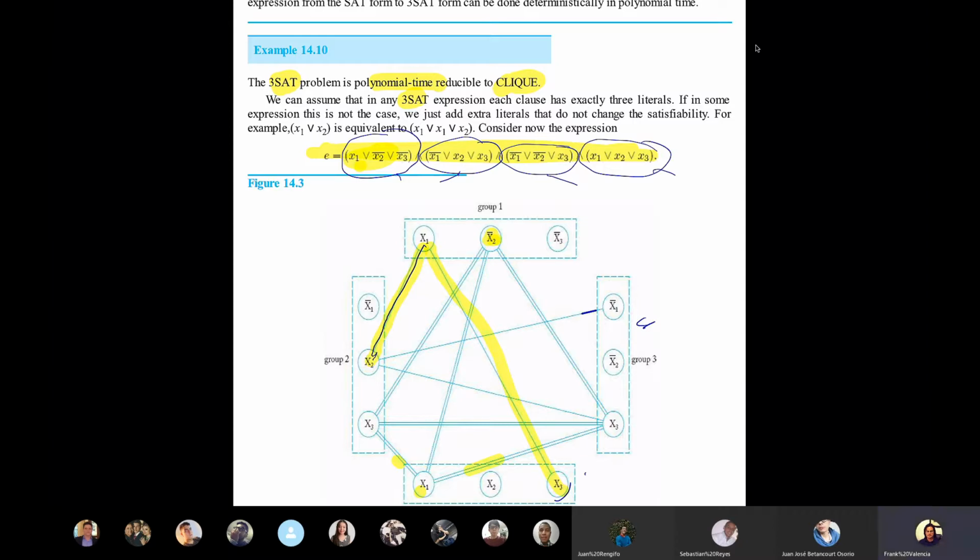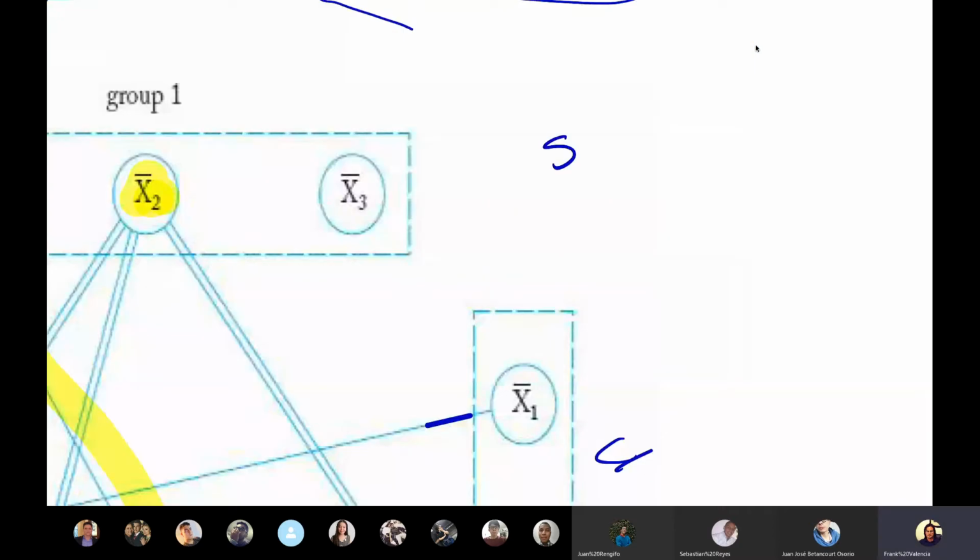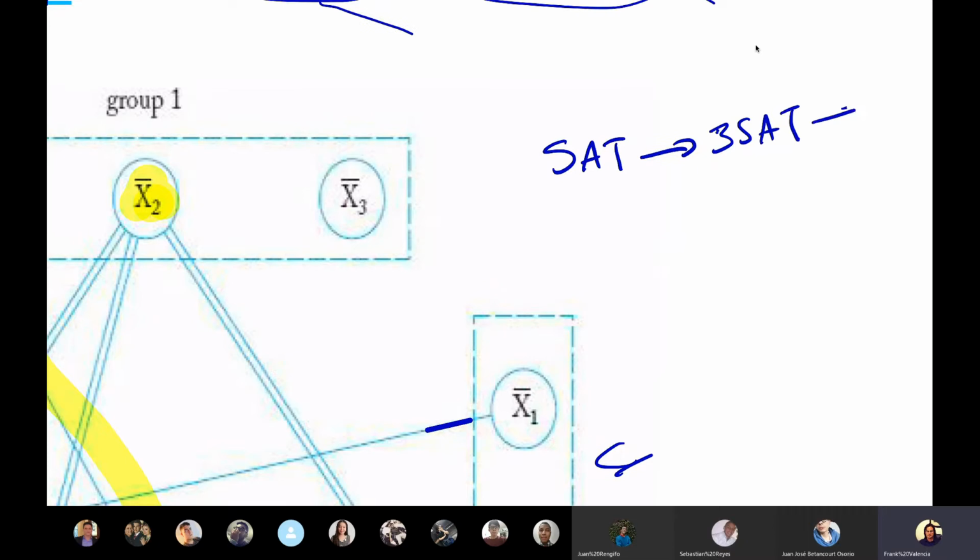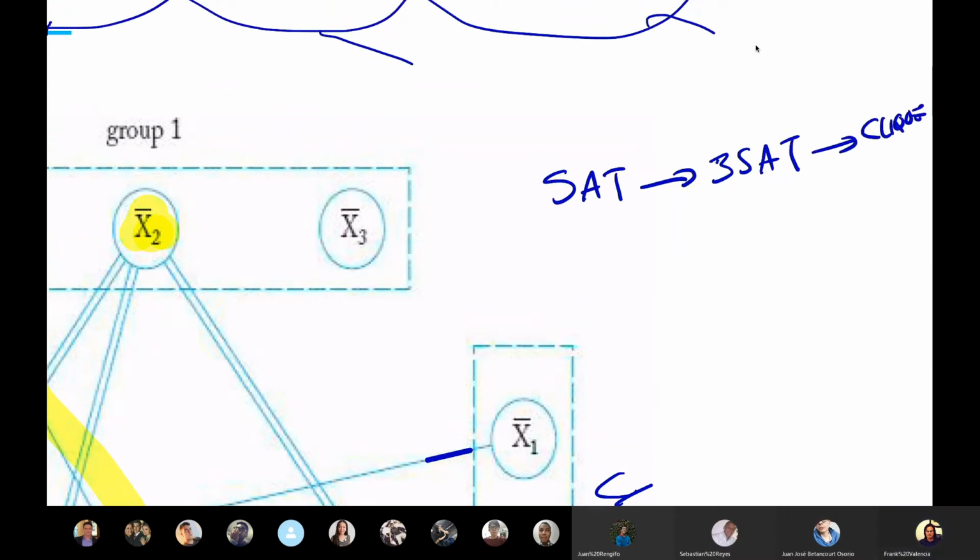That means that SAT itself can be reduced to clique, because what you do is you first reduce from SAT in polynomial time to 3 SAT, and then you go in polynomial time to clique. That means that because you can compose these two reductions, you get a polynomial time reduction from SAT to clique.